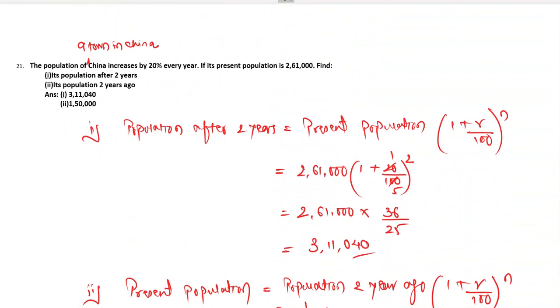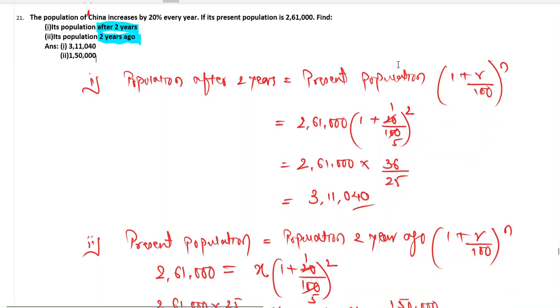Okay, next question. The population of a town in China increases by 20% every year. Well, not anymore due to Corona. Okay, I'm just joking. If its present population is 2,61,000, find the population after 2 years and find the population 2 years ago. This is exactly what I was talking about earlier.